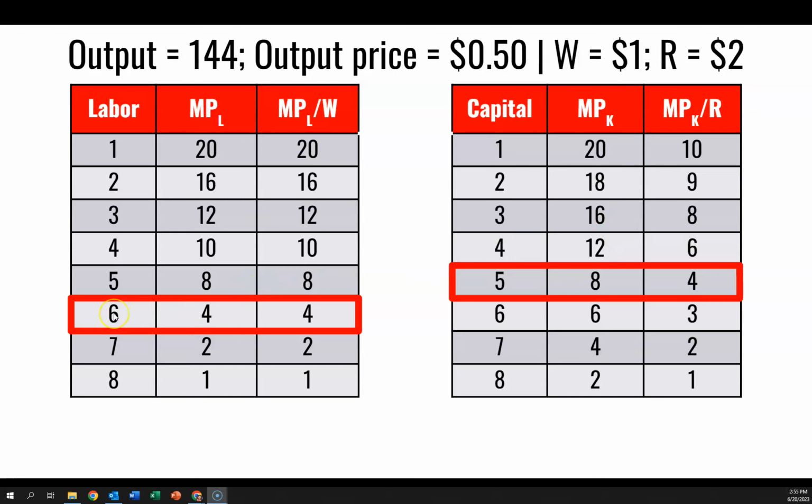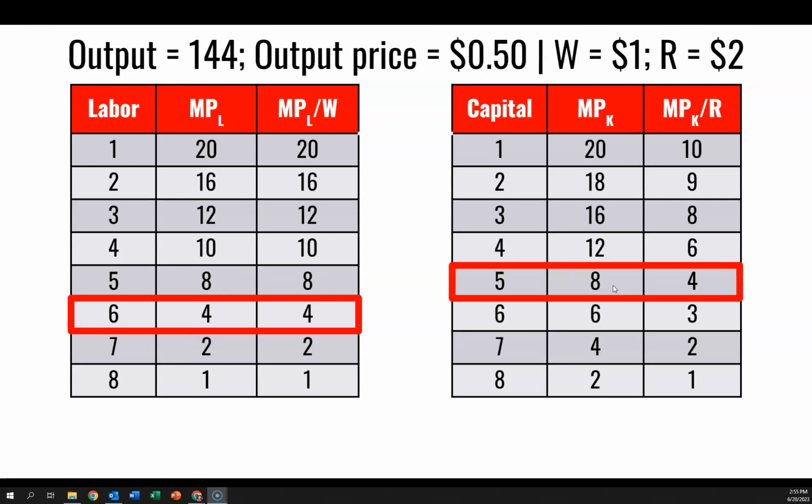Should I hire the 6th laborer or the 4th unit of capital? 6 for capital is better than 4. And then I go down to 6 labor and 5 capital. They both have the same marginal product per dollar spent. Again, they're equal. If I add up all the marginal products for the first 6 units of labor, and I add up all the marginal products for the first 5 units of capital, I will get that 144 items that I need.